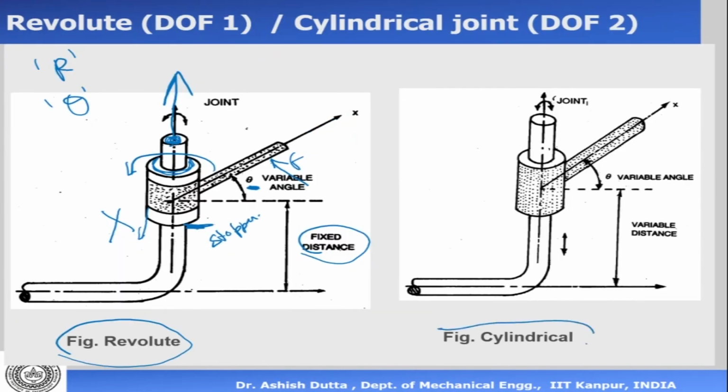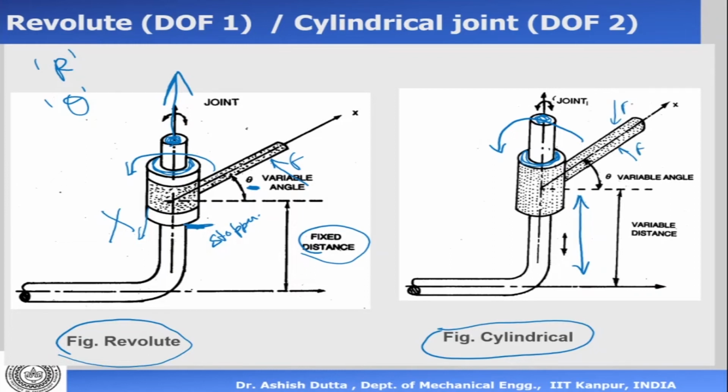Now on the right side we have a cylindrical joint. In this cylindrical joint there is no stopper. The stopper that was there, I removed. So it's a cylinder on another cylinder, but the stopper has been removed now. So it can slide like this, and it can also rotate. If I give a force in this direction, it will rotate.